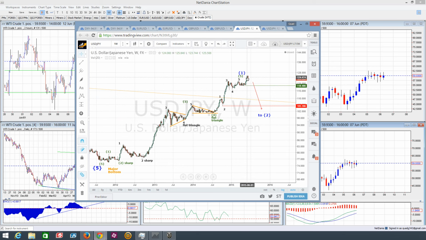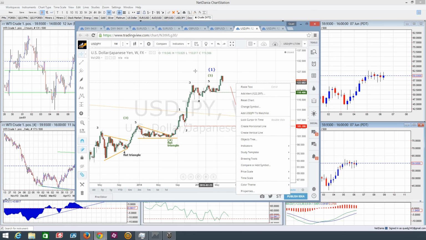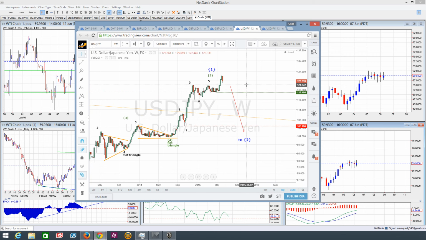Now, this triangle thrust does not fit into the rest of this count very well at all. The only way that it could possibly fit in to the rest of the count is if this is actually this 5 up here. The 5 is still yet to be completed, and we've got a sub 1, sub 2, sub 3 working on a sub 4, maybe sub 5.